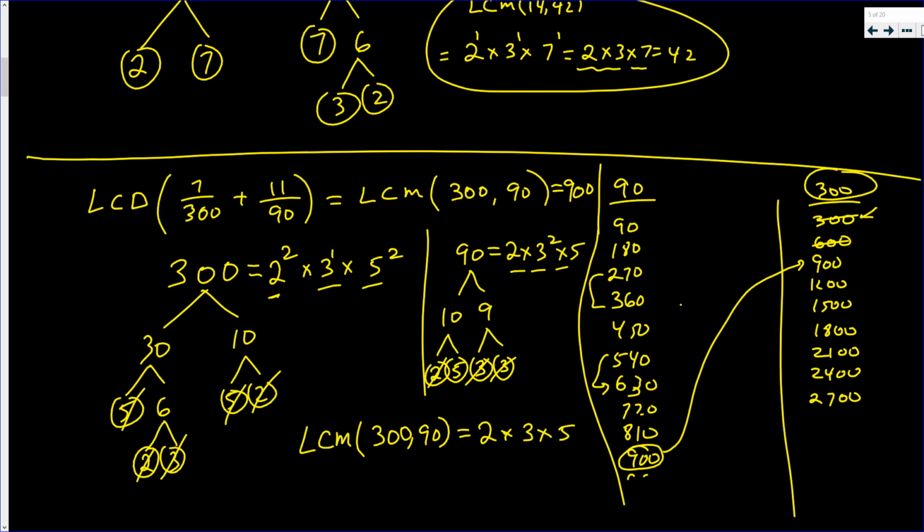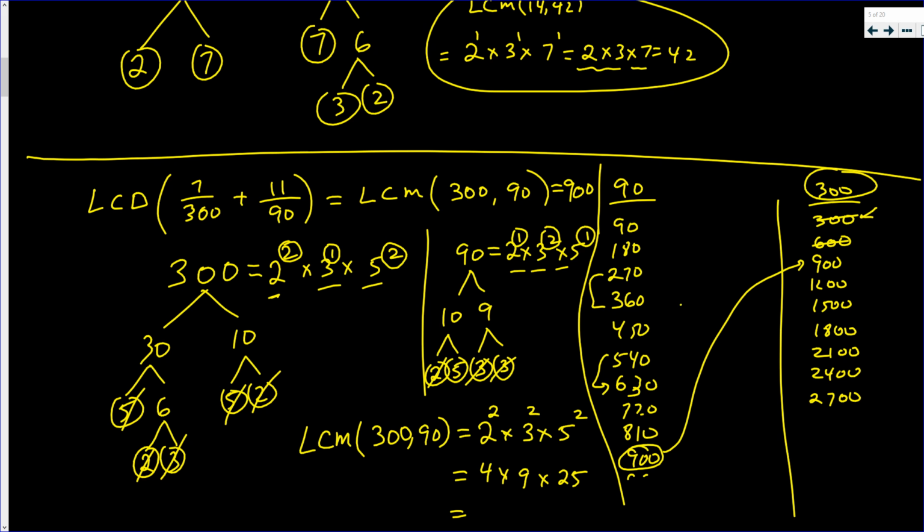Put the ones if there are no powers. With respect to the powers of 2, the largest one is 2. With respect to the powers of 3, the largest one is 2. Look at this. With respect to 5, the largest one was 2. So the LCM will be 4 times 9 times 25.